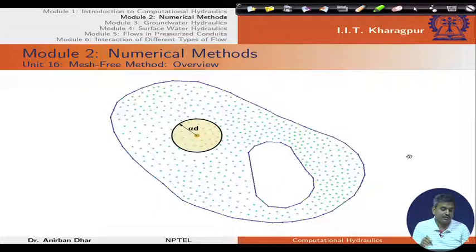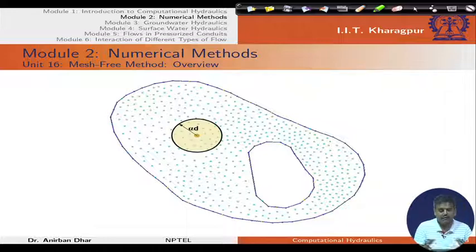This is unit number 16 of module 2. We have discussed the mesh free method, which is a point based method, and we do not require a base grid or elements or cells for our problem.